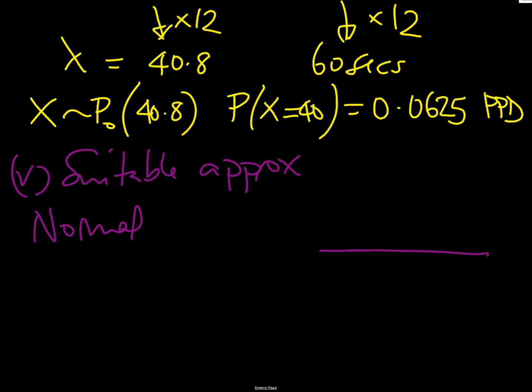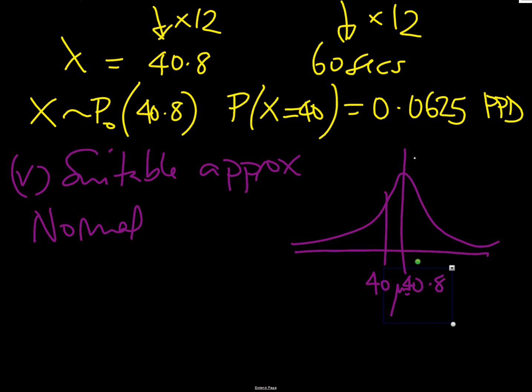The useful thing here is if I draw a quick diagram of what we've got. Looking at our normal, we're pretty close to the mean, because 40 is our x value, this point, and our mean here is 40.8. Now, what's our standard deviation going to be for our normal?